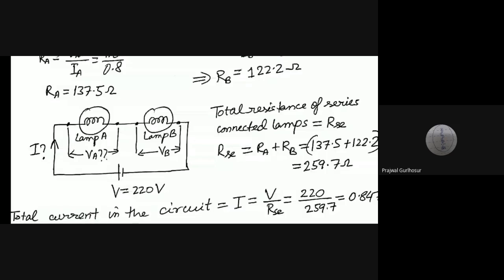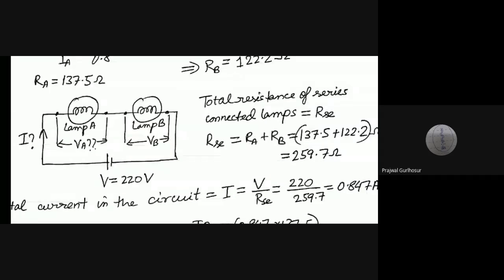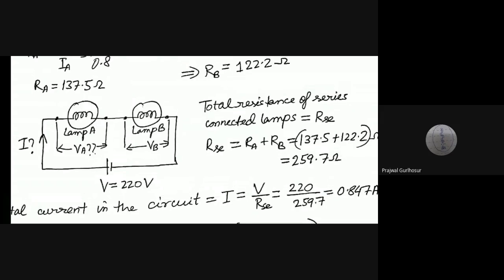Correct? So hence the current comes as I equals V by R equivalent, equals 220 divided by 259.7. 259.7 is the sum of the two resistances.